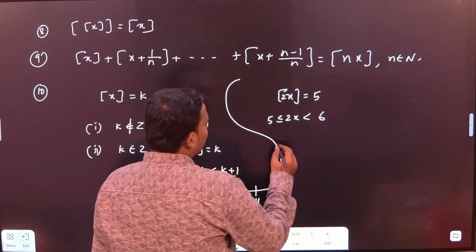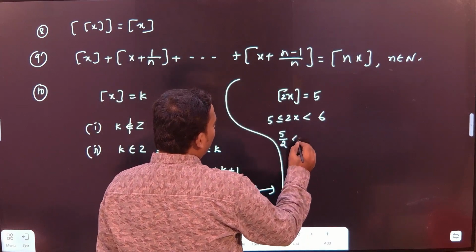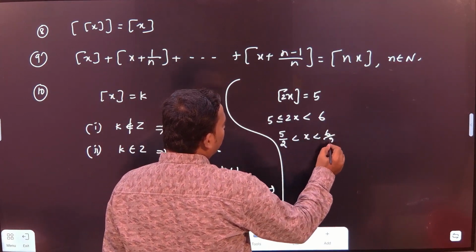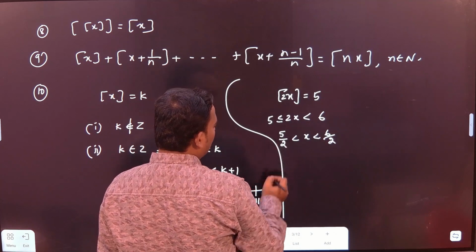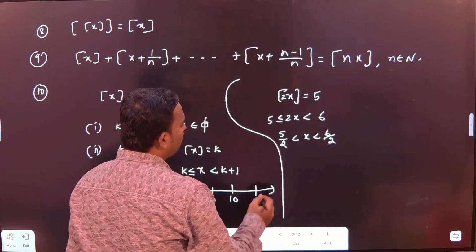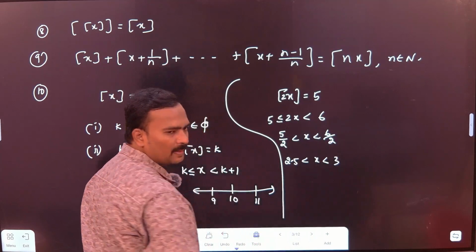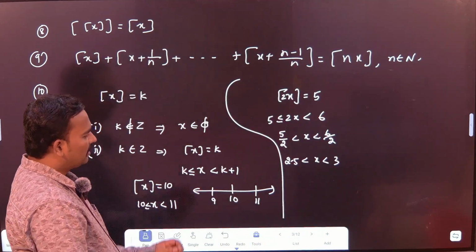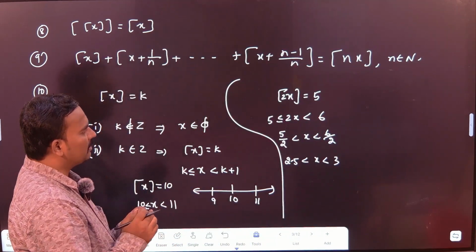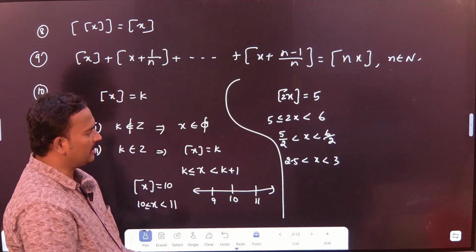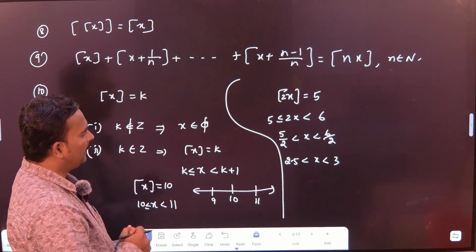So we need x, you divide by 2: 5 by 2 less than x less than 6 by 2, clear? So 5 by 2 is what? 2.5. So 2.5 less than x less than 3. I hope everyone understood, right? In this interval only, the greatest integer function of 2x equals 5. Clear?